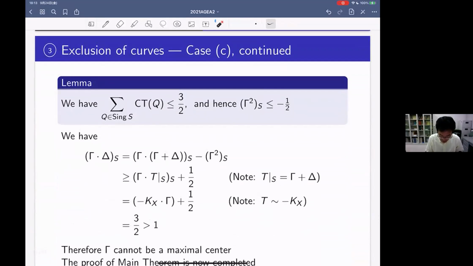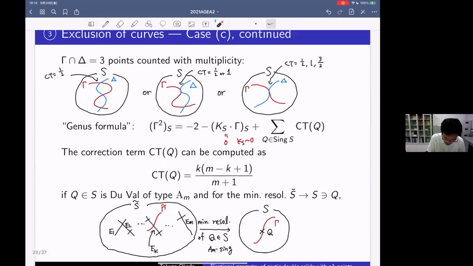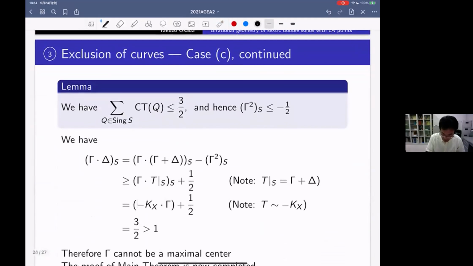So as a result, the summation of this correction term is at most this number. In this case, we have this number, and since this is a multiplicity 1 point, this is 1/2. So in any case, we have this part.